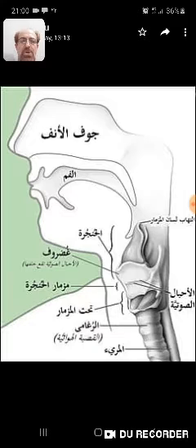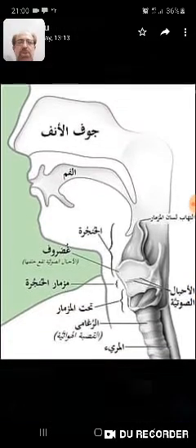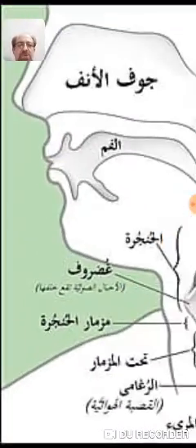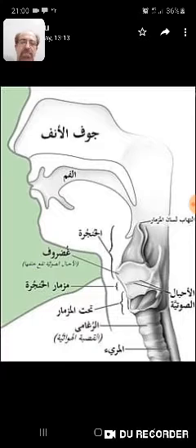What we are going to talk about is down here as Mizmar al-Hanjara, or Mizmar al-Hunjura, as you can see in Fusha. Well, this is important for us.